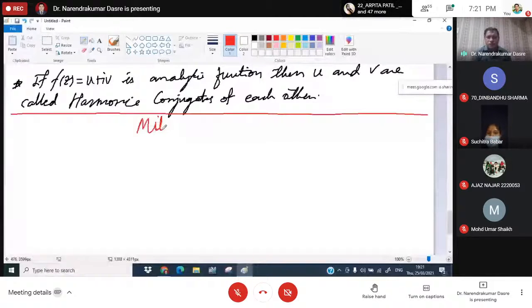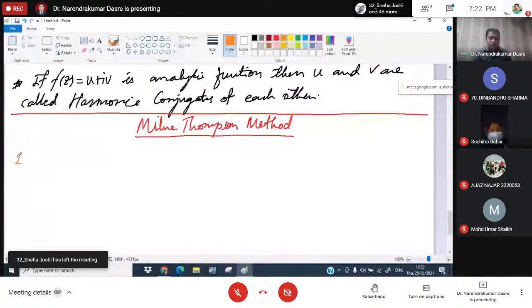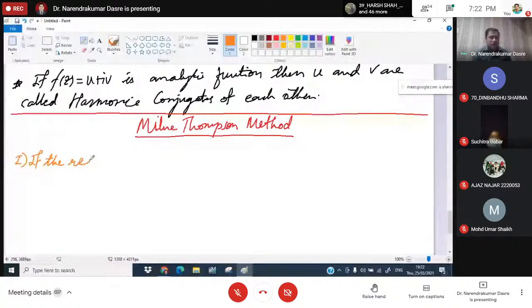Okay, so this method can be used when we have the real or imaginary part, or even a combination of real and imaginary part. So first we'll consider when the real part is given. So suppose the real part u is given.